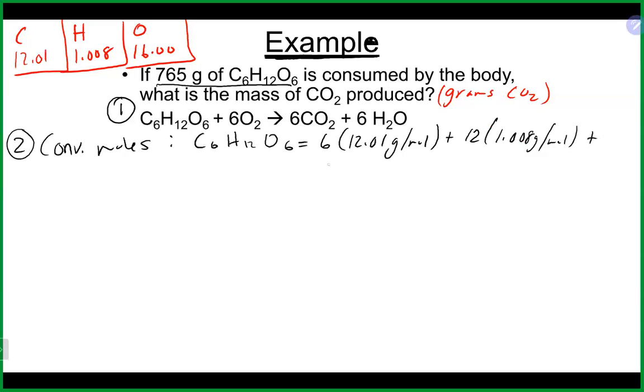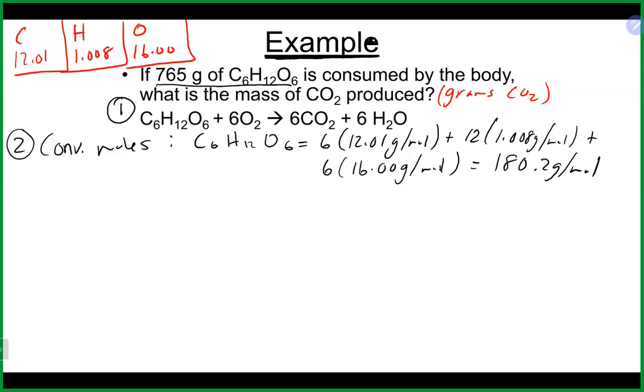Plus, I'll go underneath, there are 6 oxygens, each at 16 from the periodic table. And that gives us a molar mass for this compound here of 180.2, I think, grams per mole, if I'm not mistaken. Any questions on how I got that number there?